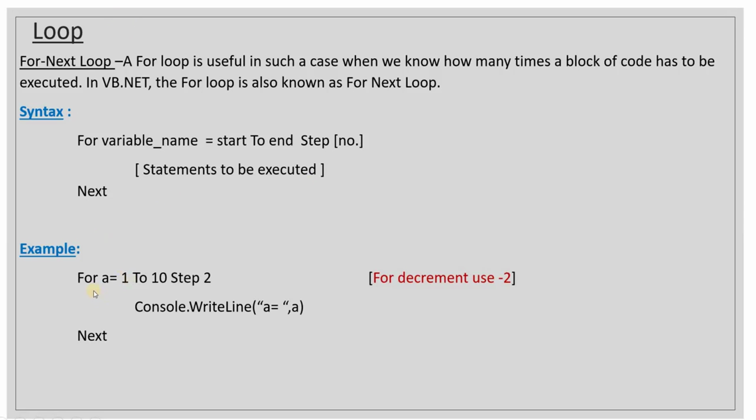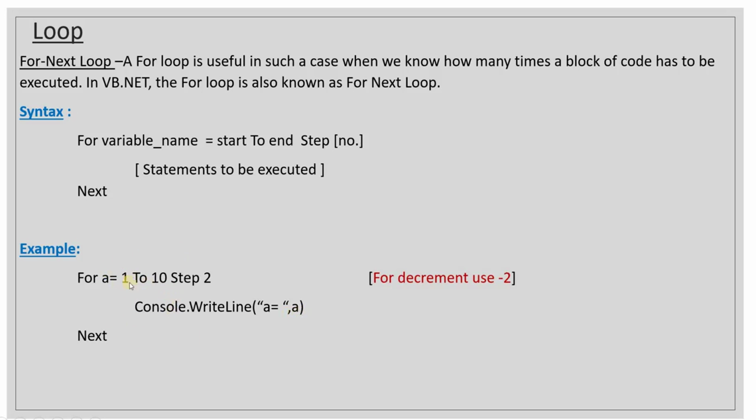Now take an example. For a equals 1, a is the variable name, start value is 1, to is a keyword, and the end value is 10. Step is also a keyword, and I take a step value of 2. Console.WriteLine a equals a. Next.